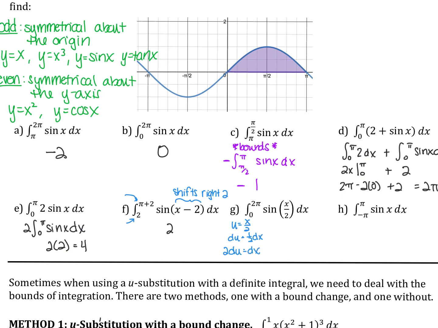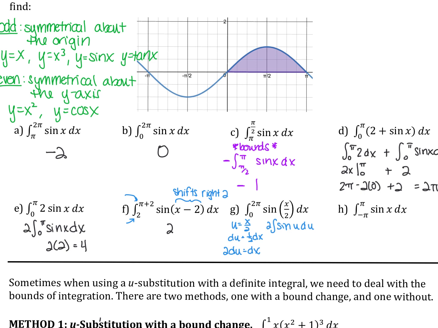So really this becomes the integral, we'll ignore the bounds for just a moment, 2 times the integral of sine of u du. The problem is, this does not match the pattern that we had up top for what defines the integral from 0 to pi of sine of x. We need to come back to this, so hang tight to this one. We're going to look at it next.